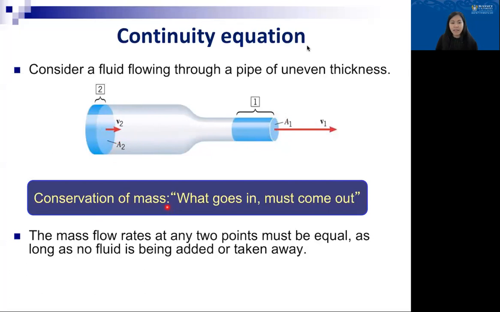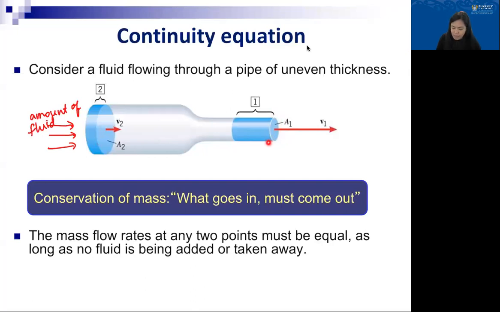Conservation of mass says that what goes in must come out. So the amount of fluid going into the bigger area needs to come out at the smaller end of the pipe.